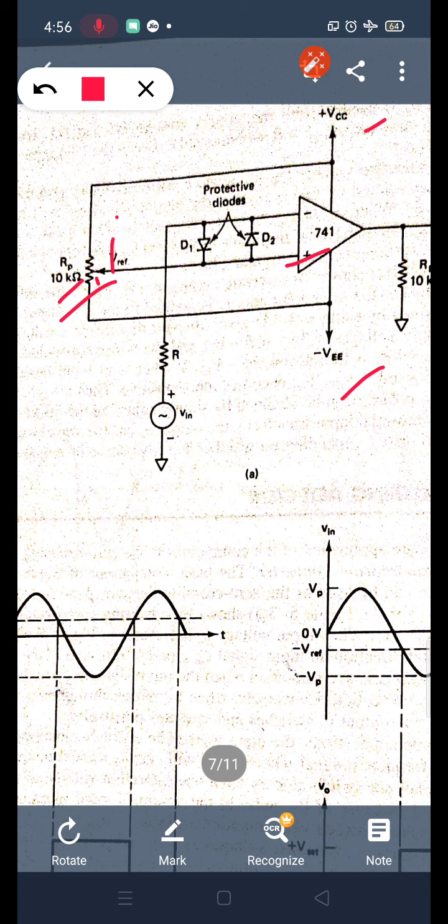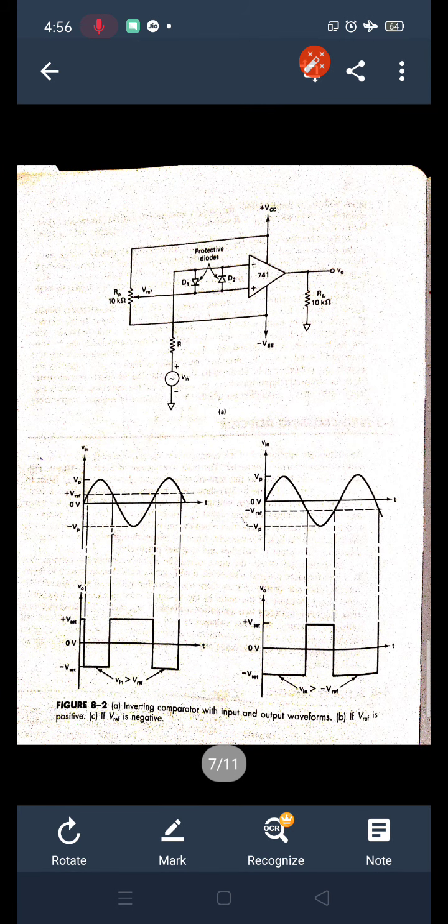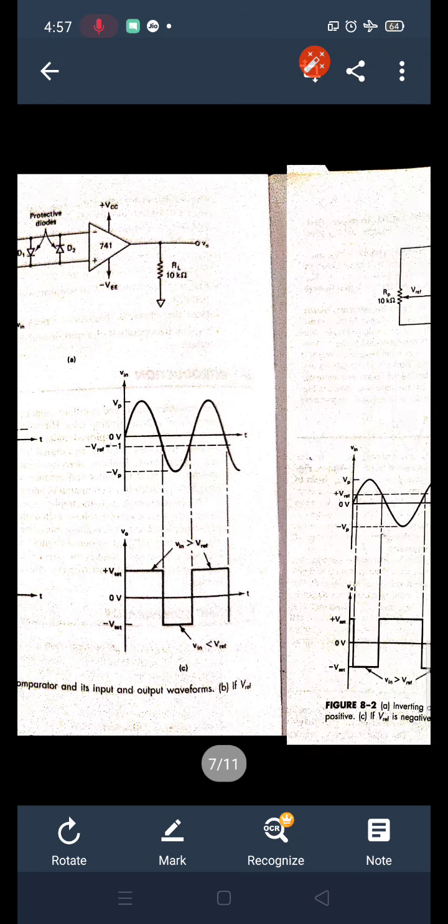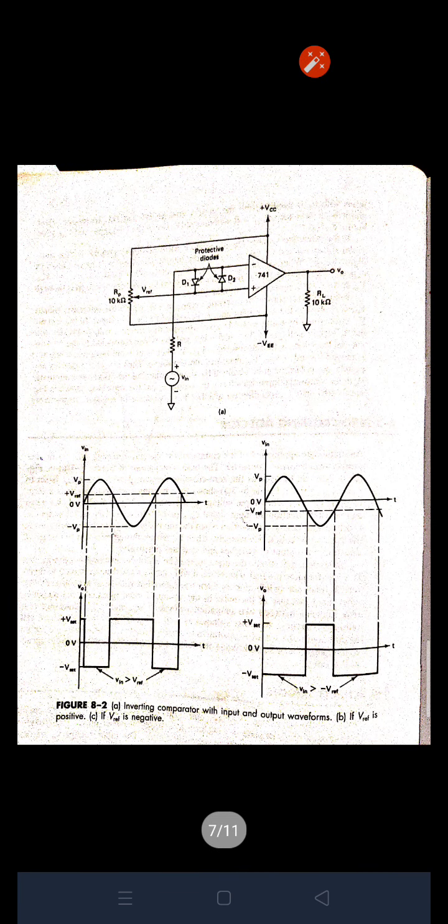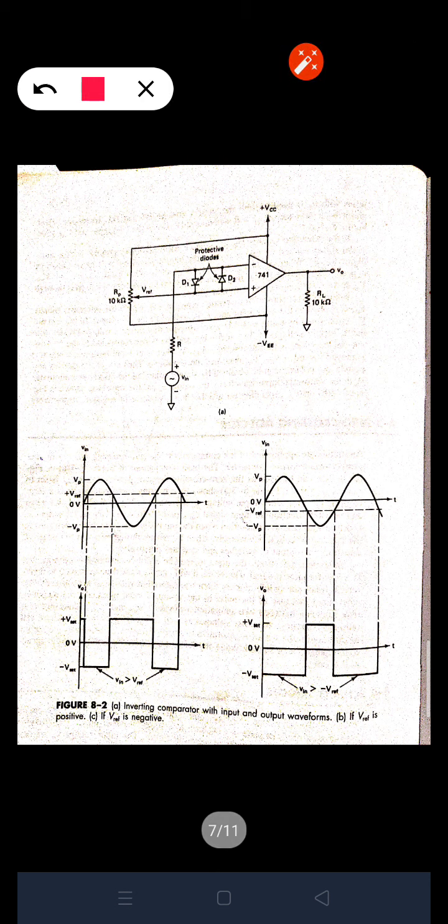With the help of the reference voltage, we can observe the outputs, which are complementary to the non-inverting comparator, just opposite to it. This is regarding the inverting comparator.